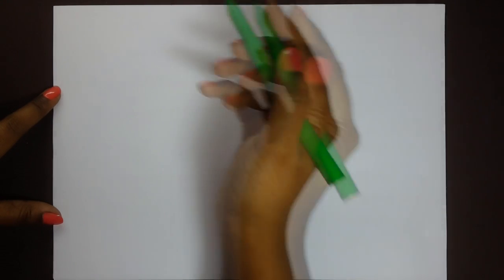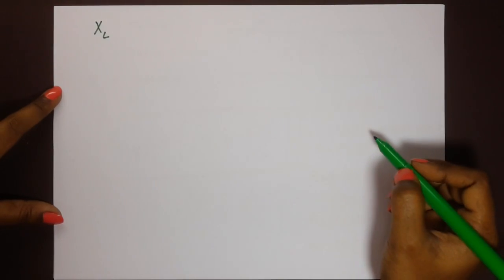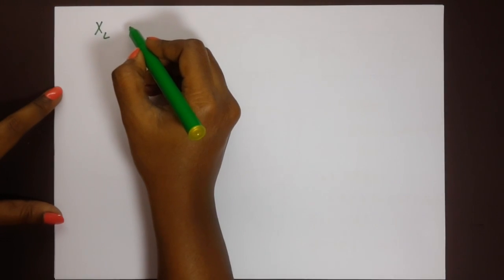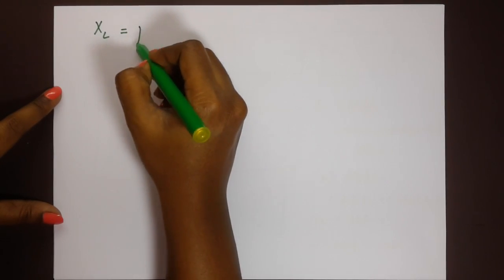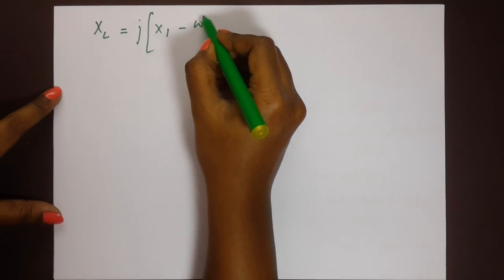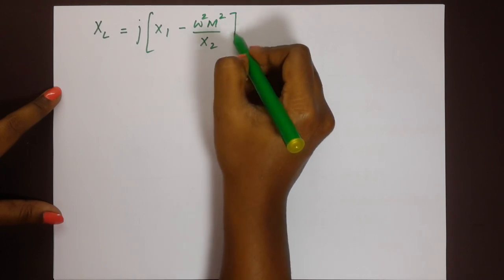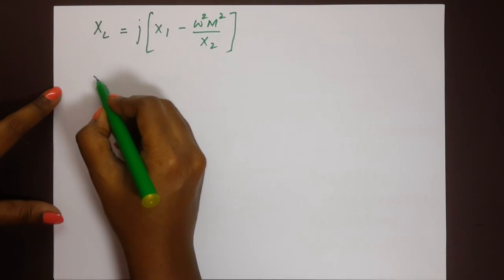So let's substitute all of these values into this formula here. I'll note that down here for you. Okay, so we have XL, the effective inductive reactance, is equal to j into, we have the formula is X1 minus omega square M square divided by X2. Let's substitute the values.